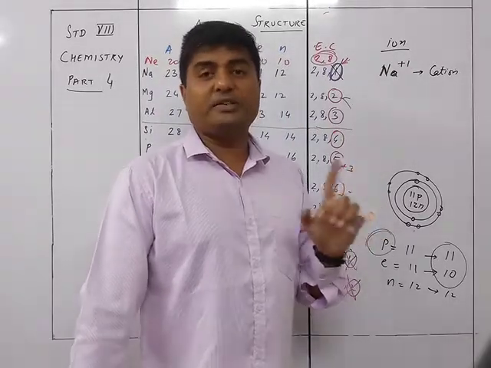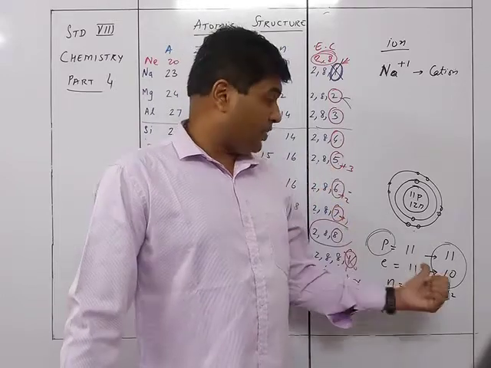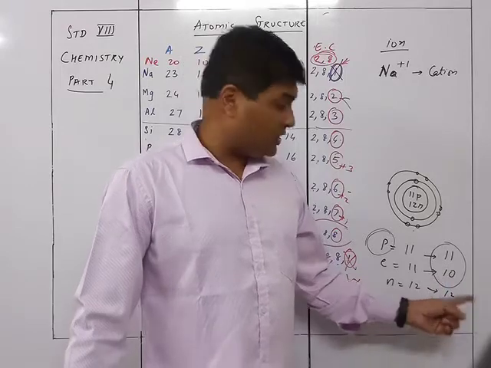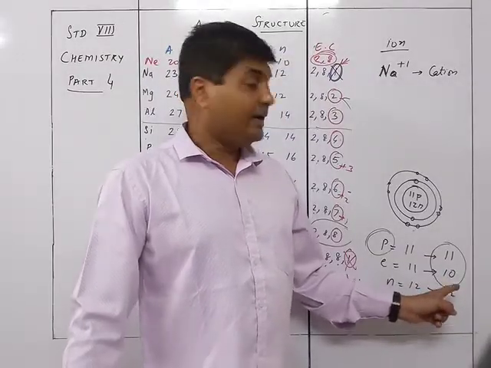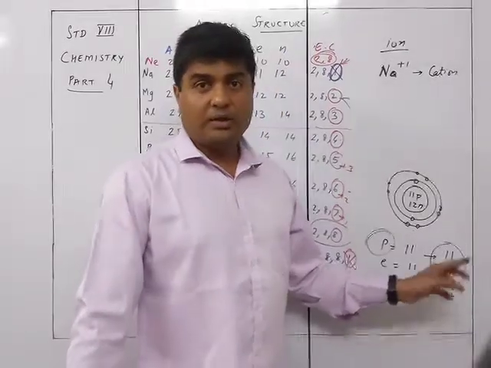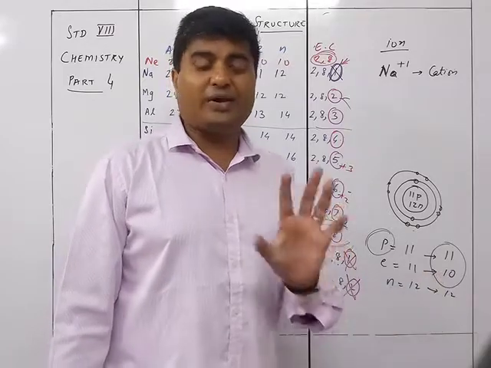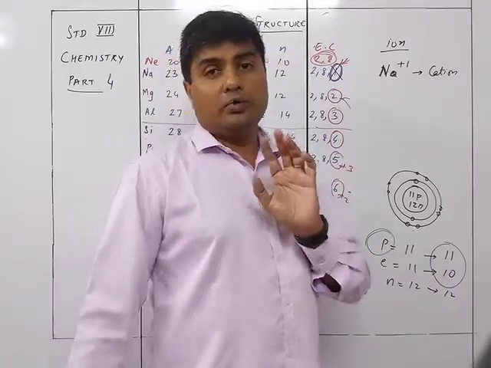It became a positive 1 ion. Why? Because it has a greater number of protons than the number of electrons in it right now. After losing an electron, it has one more proton than electrons. So it is not electrically neutral.